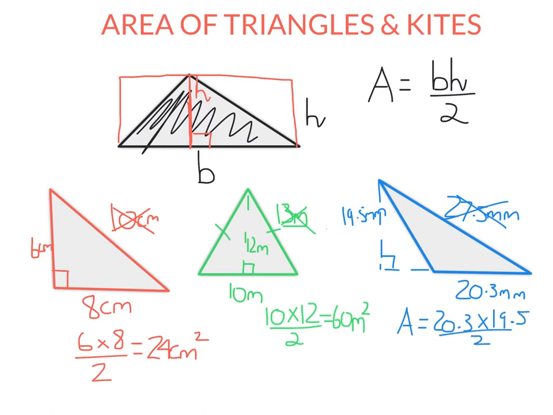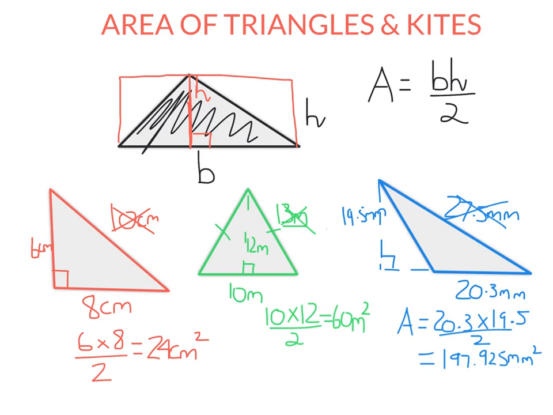A lot of people forget that step. I can forgive you for using your calculator for this, and you get 197.925. Because the measurements were in millimeters, the area is in millimeters squared. How easy is that?